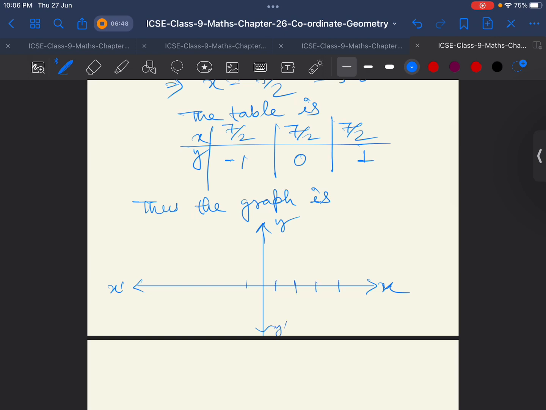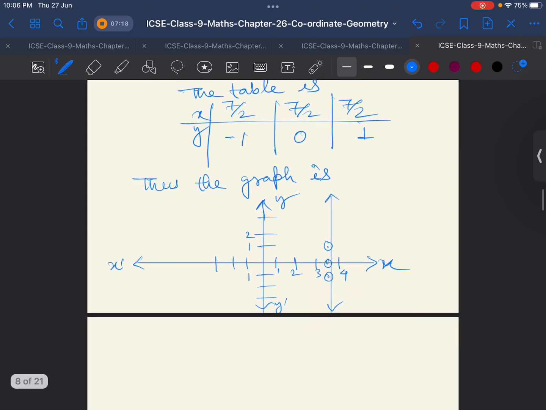So 1 2 3 4, and 1 2 3 4. First (7 by 2, -1), meaning 3.5 is here, (3.5, 0) is here and (3.5, 1) is here. So now we draw the straight line. This is the straight line.